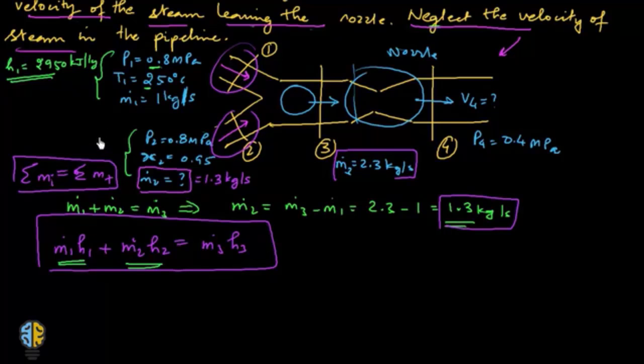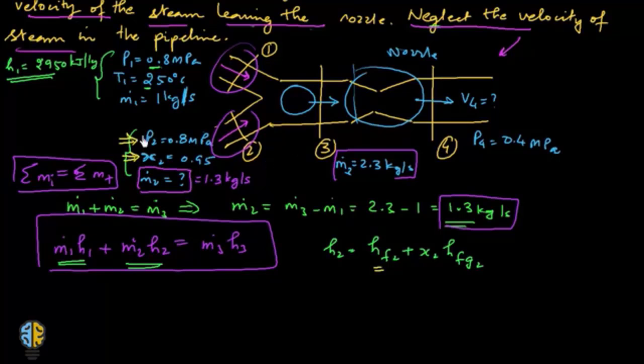Now let's try and find out the value of h2. Because it is in the liquid and vapor mixture region, h2 will be equal to hf2 plus x2 into hfg2. So this is a very simple thing. Find out the hf value at this pressure, 0.8 megapascal, and this dryness fraction.